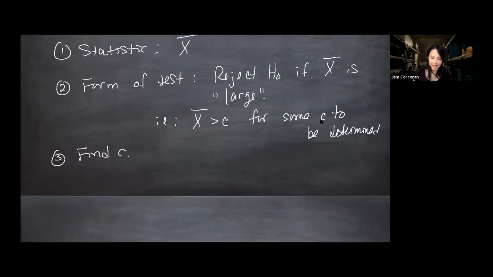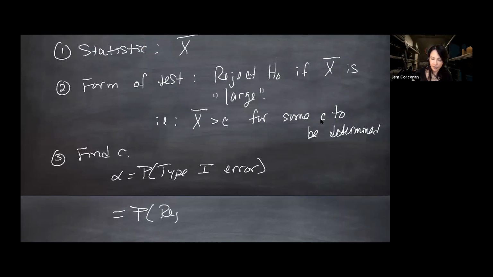And so you would say alpha is the probability of a type 1 error. This is the probability we reject the null hypothesis when it's true.